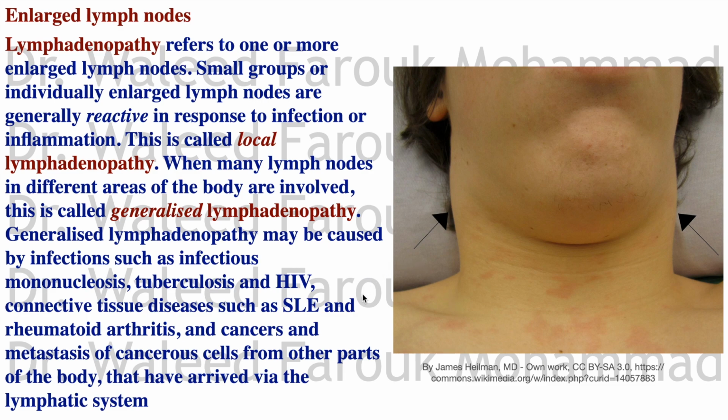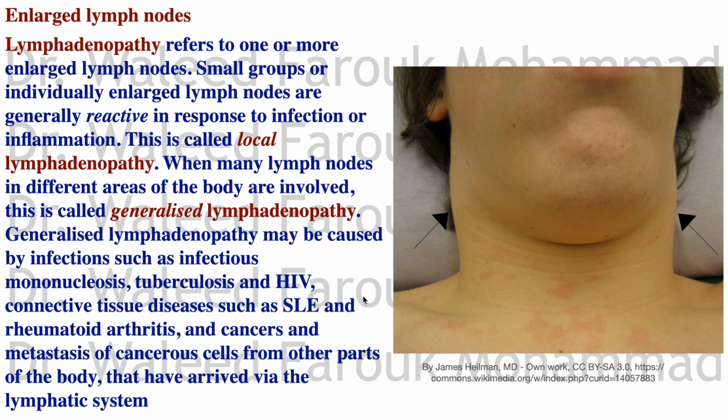Lymphadenopathy refers to enlarged lymph nodes, as you can see here. There are two types of lymphadenopathy: local lymphadenopathy, when a group of lymph nodes is enlarged, and if there is generalized enlargement of lymph nodes, this is called generalized lymphadenopathy.